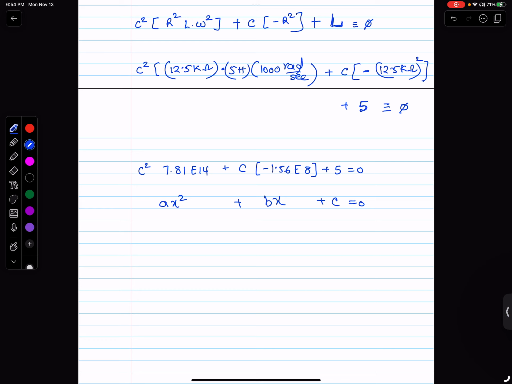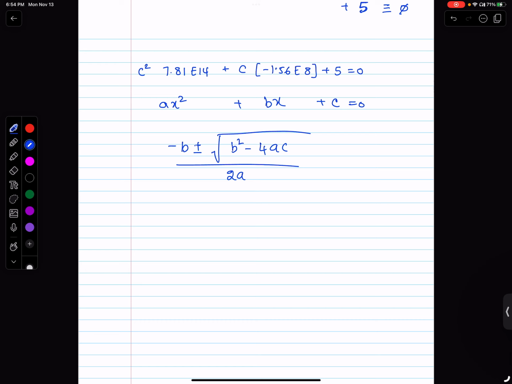So you really have ax squared plus bx plus c equals 0. Now you can find a solution: minus b plus or minus the square root of b squared minus 4ac, divided by 2a. That's the solution for a quadratic expression ax squared plus bx plus c.